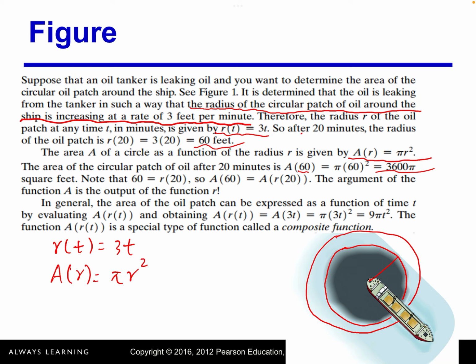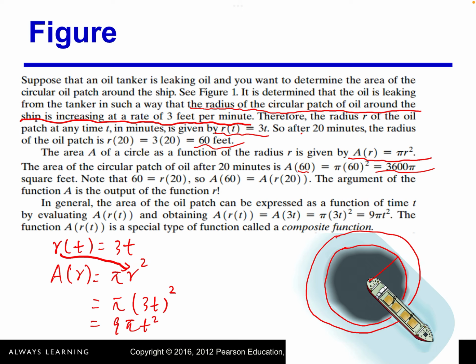So we can substitute r into the second function, which equals pi times (3t) raised to the second power. So 3 needs to be squared, and t needs to be squared. After we simplify, we get 9 pi t squared.